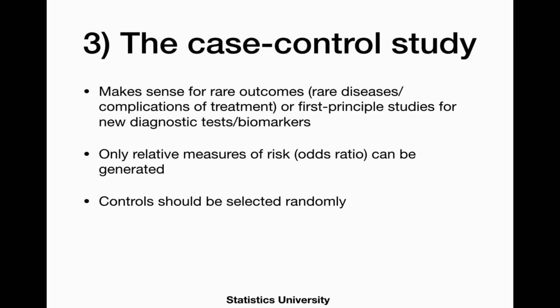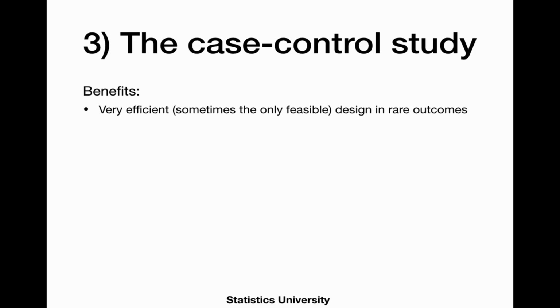And a very important point is that the controls should be selected randomly. The benefits are that it's a very efficient and sometimes even the only feasible design in rare outcomes.